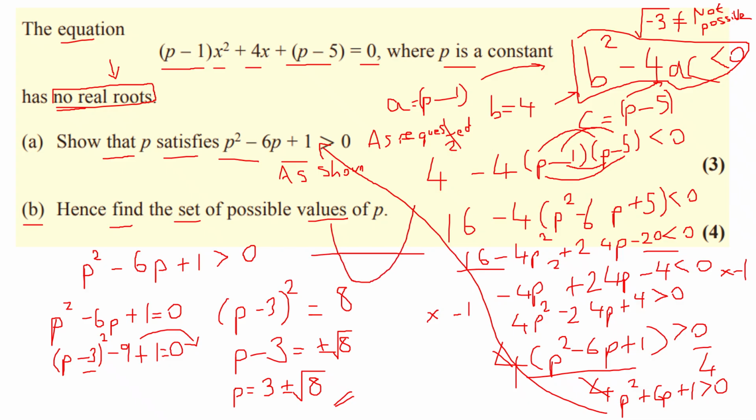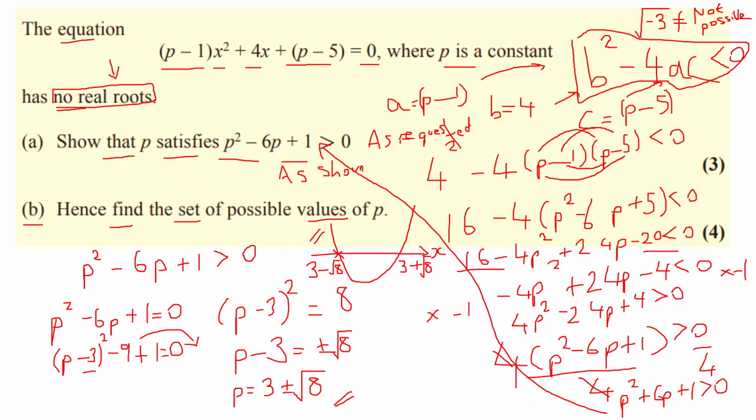It's going to look like that. So your roots are going to be 3 minus root 8 there, and 3 plus root 8 there. And because it's an inequality, we want to know where this curve, or this parabola, is above the x-axis.